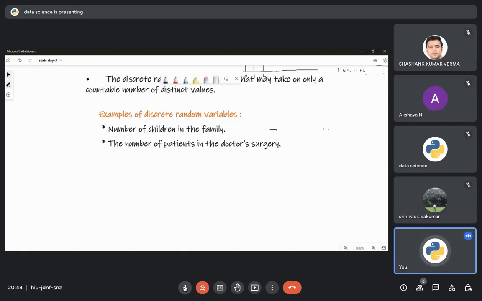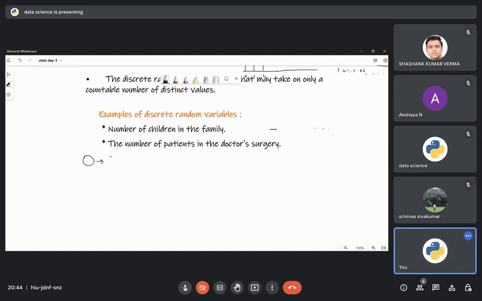Now I'm going to ask about the probability distributions of discrete values. Let me write these things. I would like to tell you one scenario. Suppose we are tossing a coin, then there are only two possibilities.